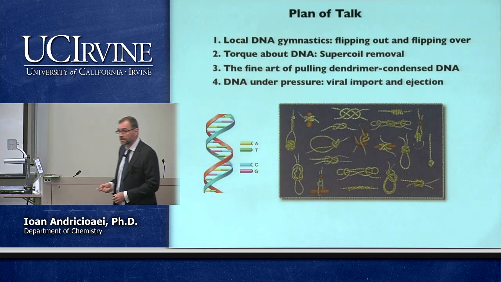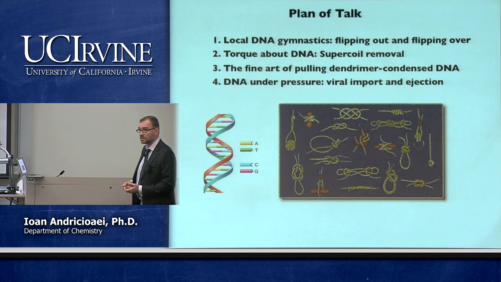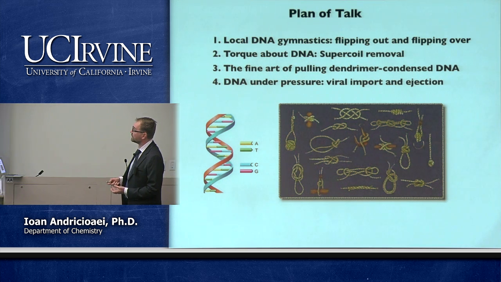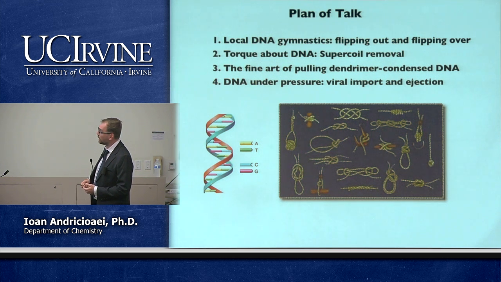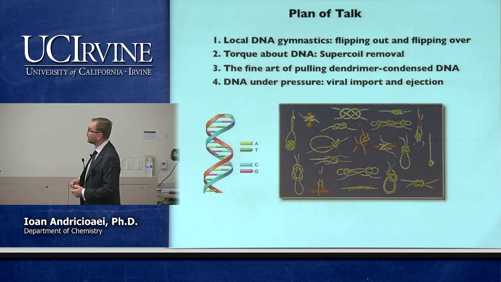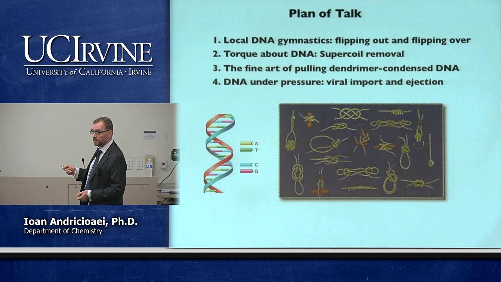So there are exciting opportunities and challenges at the same time in studying the conformational transitions of contorted DNA. And the plan of the talk is to go through these opportunities and challenges, and starting at the local DNA level, we will see why it is important to understand the way in which bases move relative to each other in the double helix.